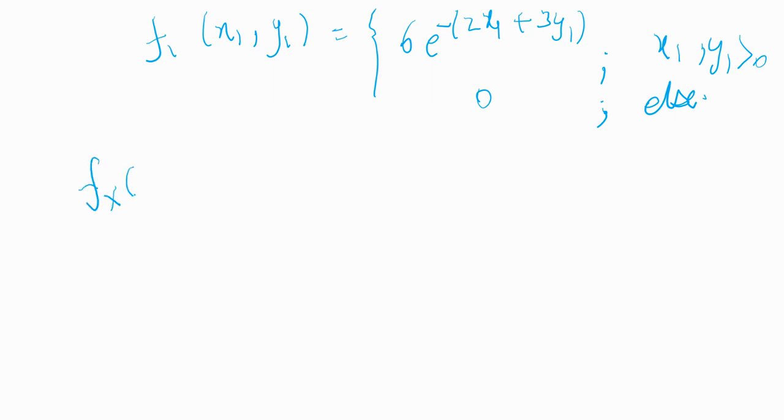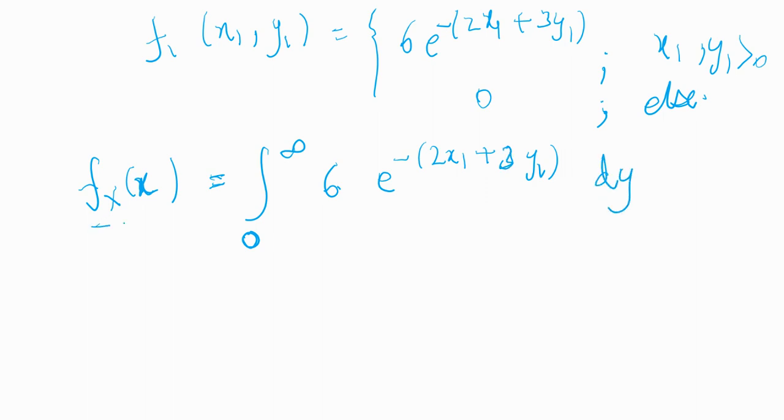So the marginal of x will be, since x1 and y1 are greater than 0, the integral from 0 to infinity of 6 e to the power minus (2x1 plus 3y1). It is the marginal of x, so the integration will be with respect to y, so this is the limit of y, not of x.